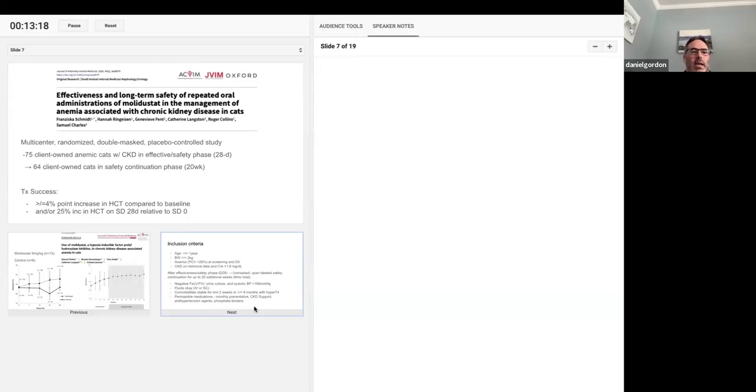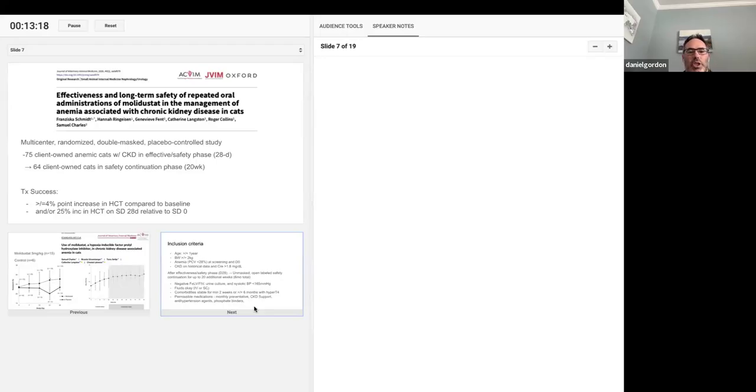75 cats, sorry, not percent, 75 total, that were enrolled in this study were client-owned with CKD, and in the effectiveness and safety phase, which was up to 28 days. They then continued it through 20 weeks, so about 6 months total, to determine what the safety data looked like.